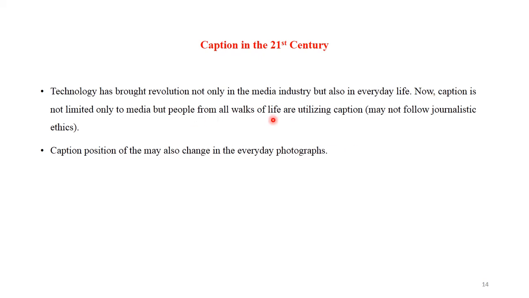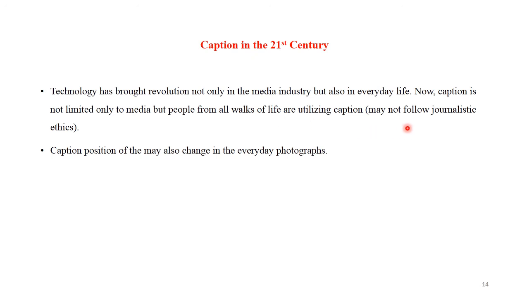Because many people in Pakistan and in the world are having mobiles, they are taking photos, they are capturing their memories, their histories, right? So they are writing something on their photos in order to tell people where the picture was taken, or how the situation was, or how they felt, right?